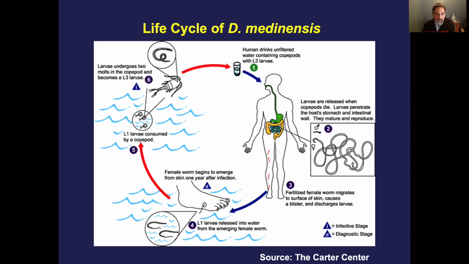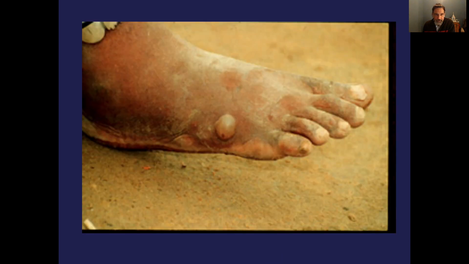That is basically the life cycle, and the process of eradication of guinea worm is all focused on disrupting the life cycle so that the parasite cannot perpetuate.